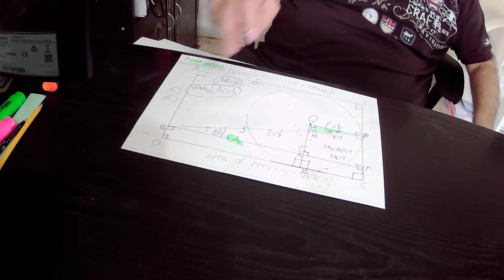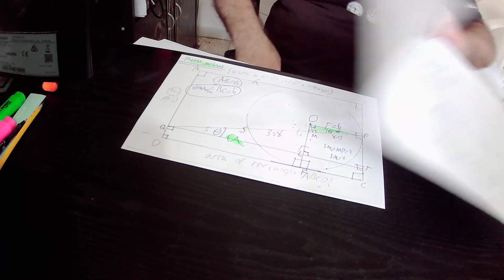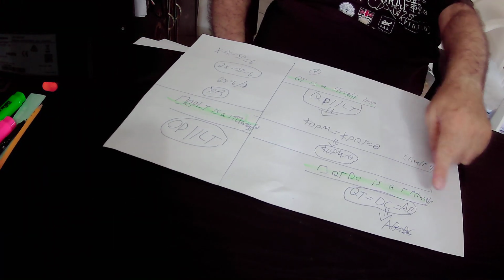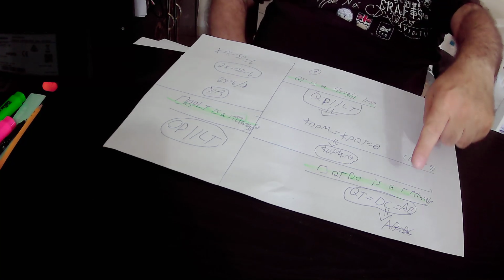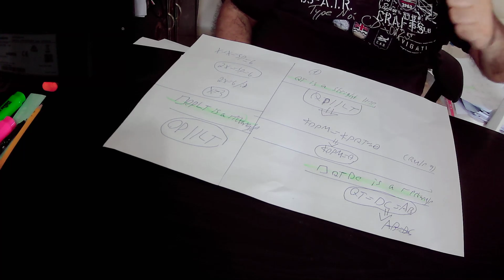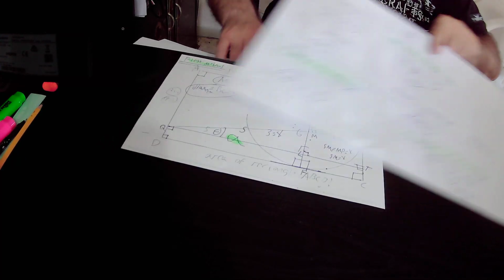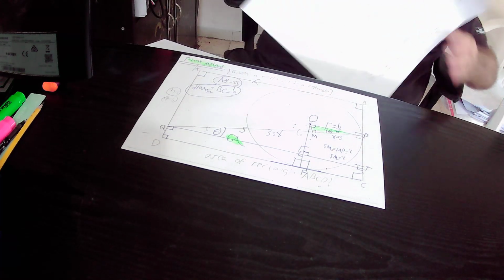That is to say, DC must be equal to AB. So here, DC equals AB. And from this equation, QT equals DC equals AB, we will derive that QT is also equal to AB.